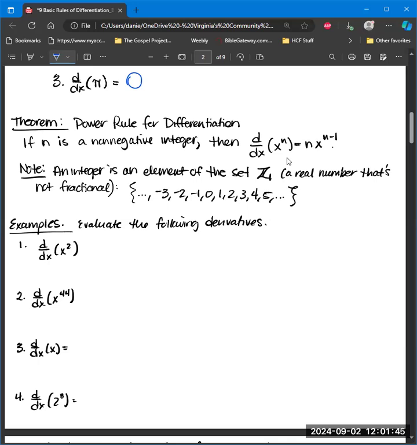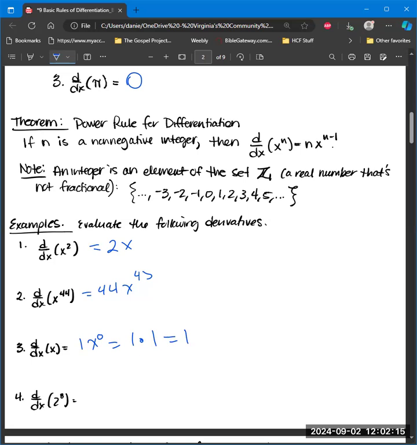So let's evaluate here. 2 times 1 is 2. Drop the exponent by 1, like that. 44 times 1 is 44. Drop the exponent by 1 is going to be 43. 1 times 1 is 1. Drop the exponent by 1 is 0. Well, x to the 0 is 1, so this is going to be 1. Watch out here, even though I have a power, it's not on x.